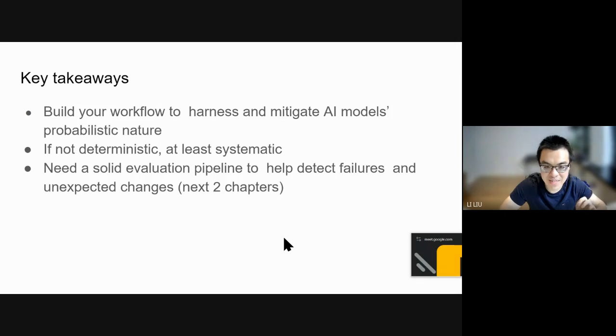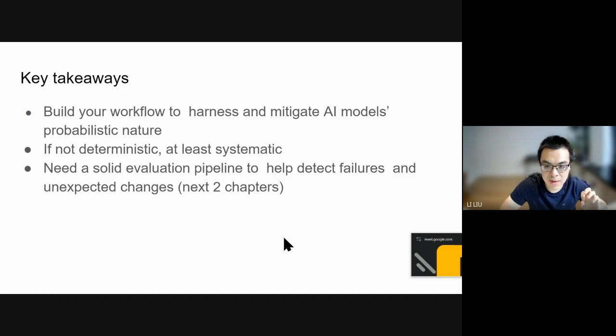By harnessing, I think this means that we want to take advantage of the AI model, because it gives a lot of simplicity and opportunities: we don't need to build a traditional machine learning model from scratch for certain tasks. Instead, it can do a lot of tasks easily without doing a lot of training ahead of time.